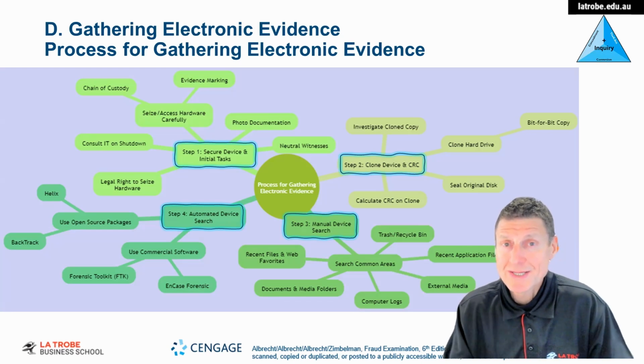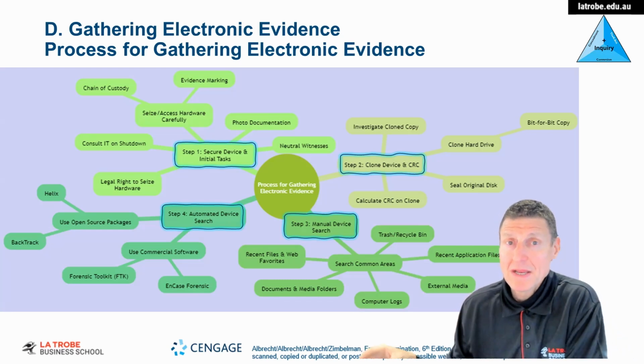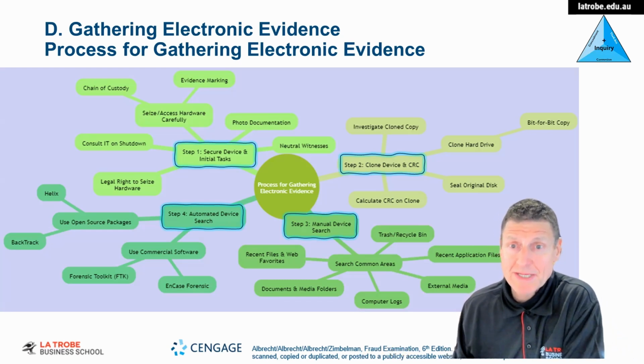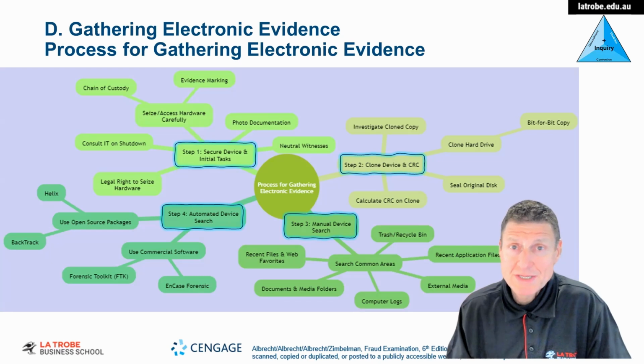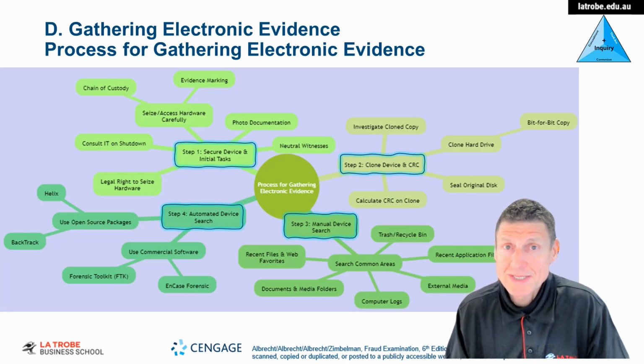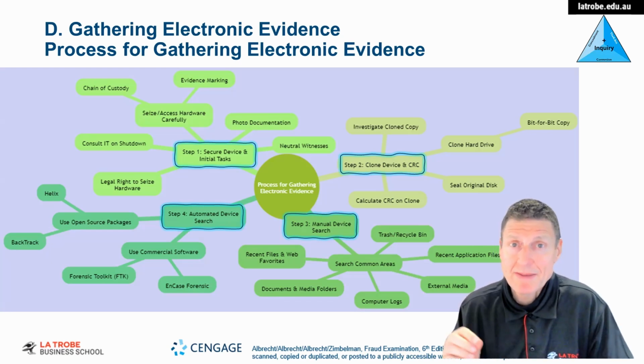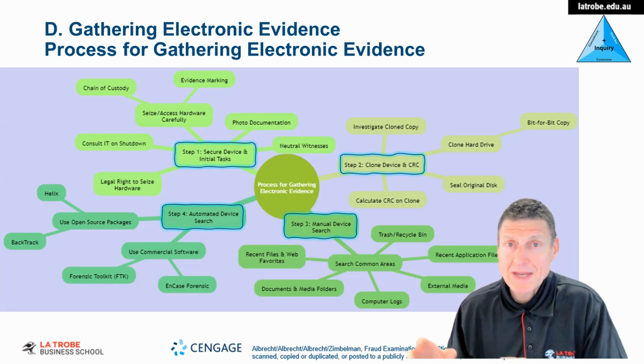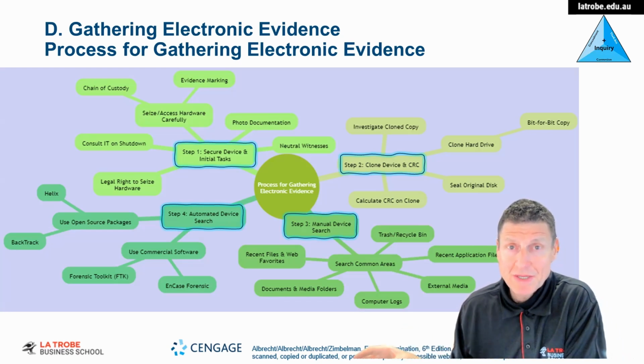What you want to do is clone electronically everything that is on that device, the PC, and do the search in another PC. So in the process of cloning, you need to go through a process of setting up a CRC number, and I'll talk about that shortly. You need to do this to guarantee that you have a bit-for-bit copy in the clone PC that you will be searching.